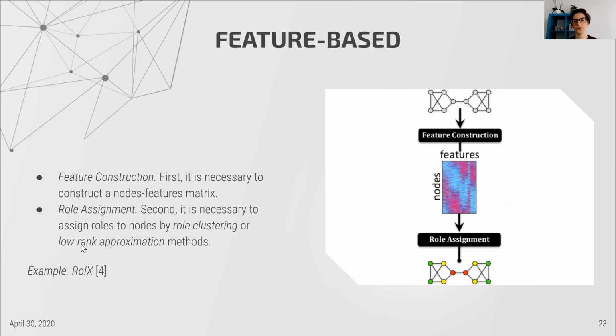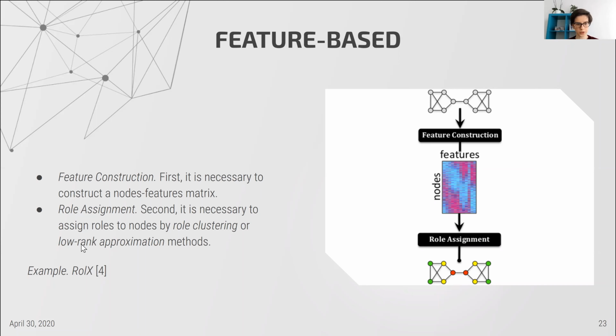And as a matter of fact, the first step here is to construct a meaningful node feature matrix. Then, once you have this new representation of the graph itself, the way you assign roles to nodes is by, for example, clustering the matrix or doing some kind of low-rank approximation such as non-negative matrix factorization.